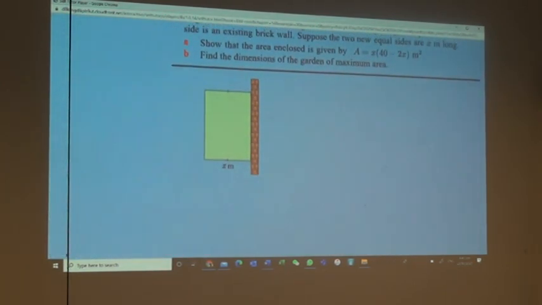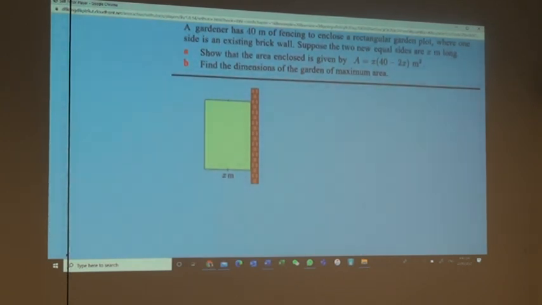We have information given to us in sentences, and we have a diagram to help us. We see the question has two parts, and it is a good idea to read both parts before you start answering the problem. We are given information about a rectangular garden plot. We are asked to write an algebraic expression for its area, and then optimize the area by choosing the correct dimensions of the rectangle.